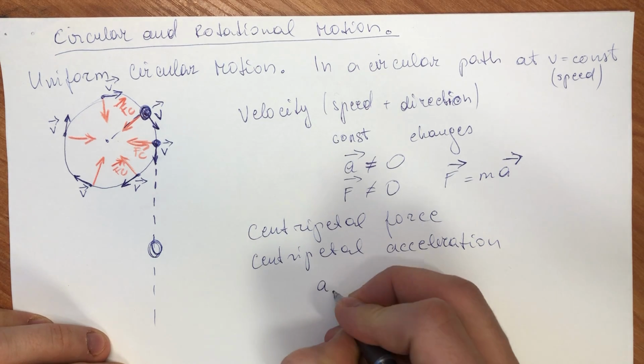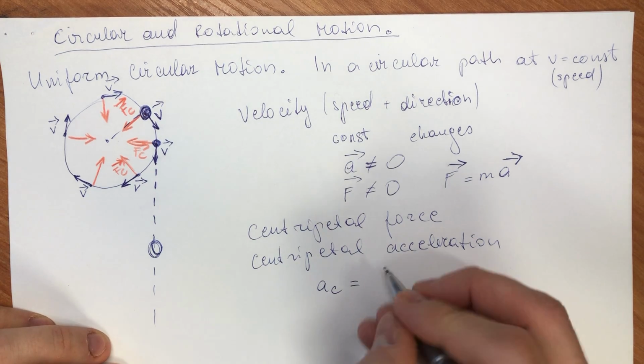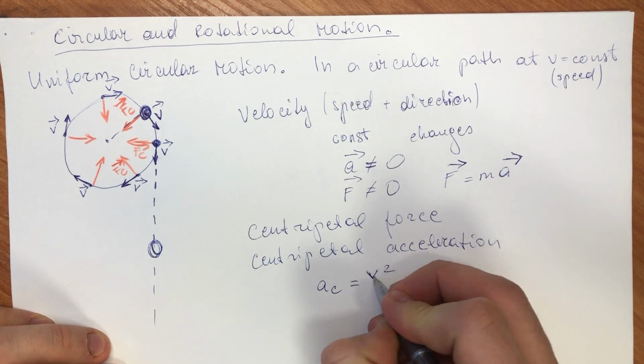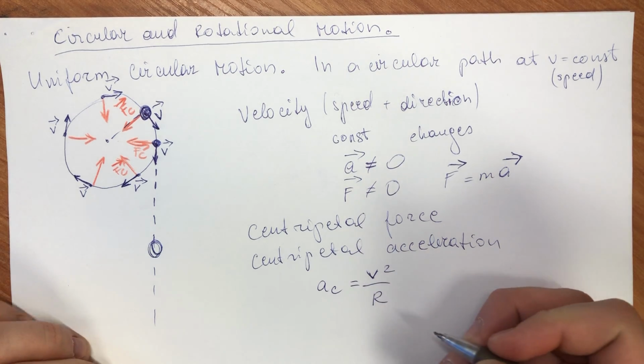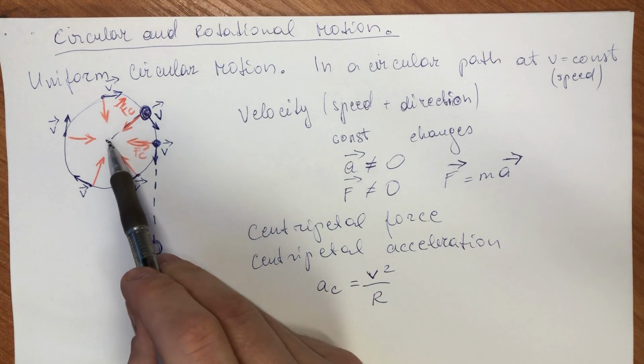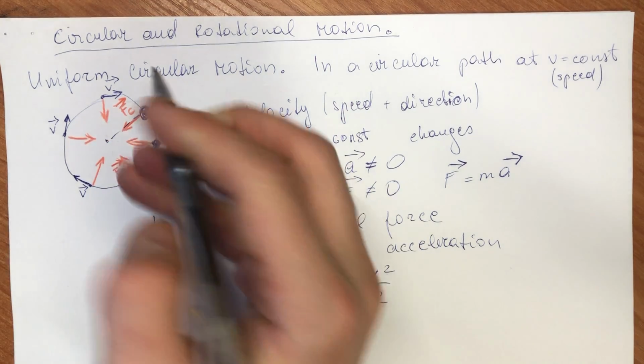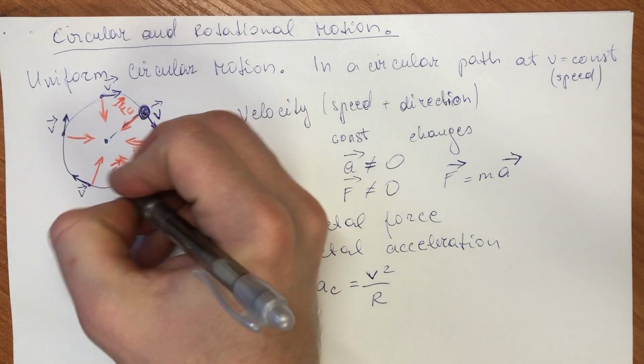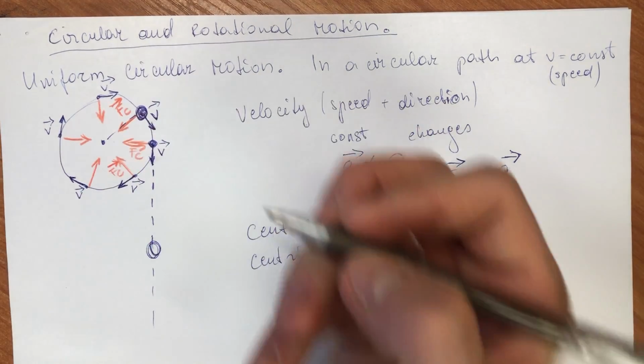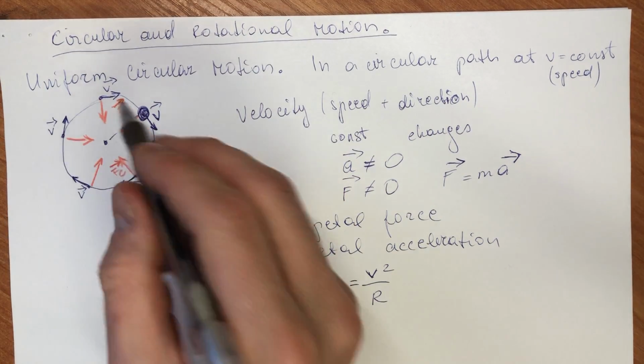So centripetal acceleration a_C is equal to v squared divided by r, where r is the radius of this circle that the object is moving around.